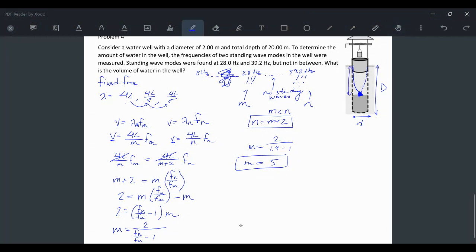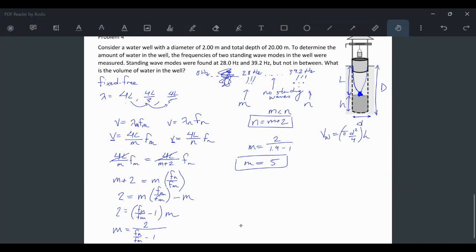With the depth, capital D, and L, we can figure out H. The volume of water is just equal to, this is a cylinder, a well, the circular area pi d squared over 4, multiplied by H. So really what we're trying to get at is H. We're given D, we just have to work hard with some of this wave stuff to figure out L, and from L we can work out everything we need to know.